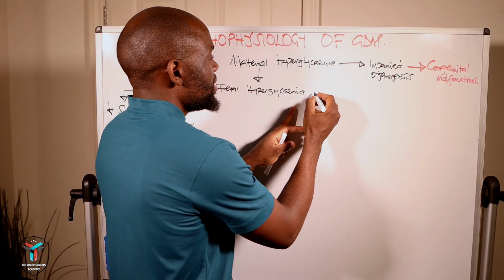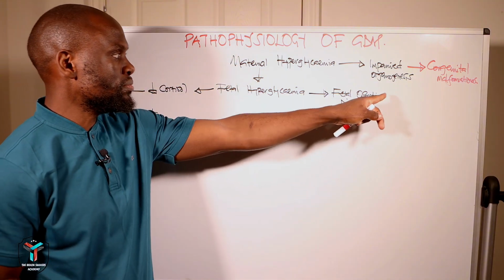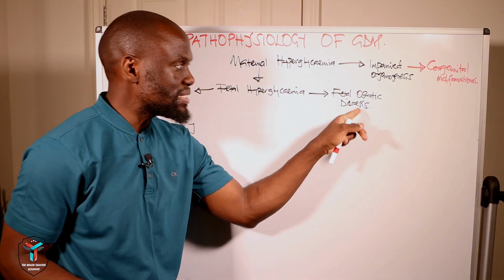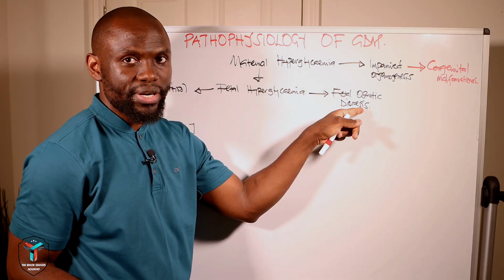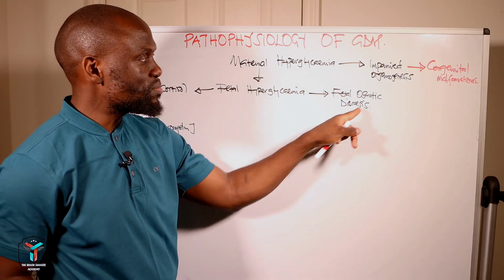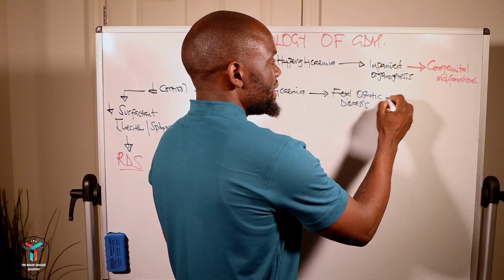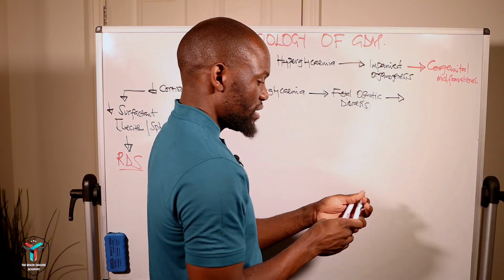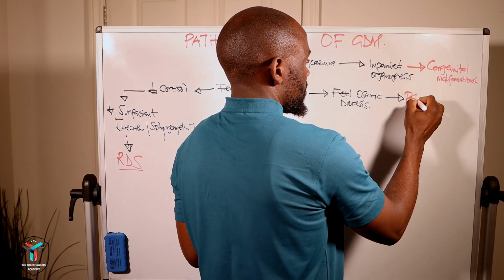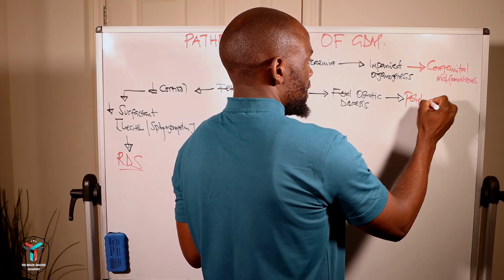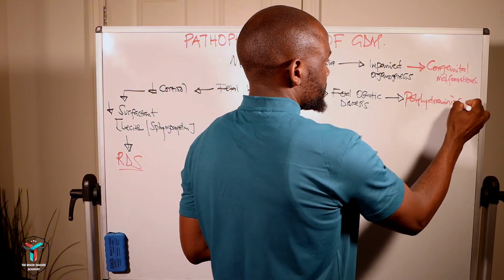So this takes us into fetal osmotic diuresis. It means that this fetus is now passing plenty of urine. So there's polyuria. And then this fetal osmotic diuresis is going to lead us into a state that we're going to call polyhydramnios. So we are going to end up with polyhydramnios.